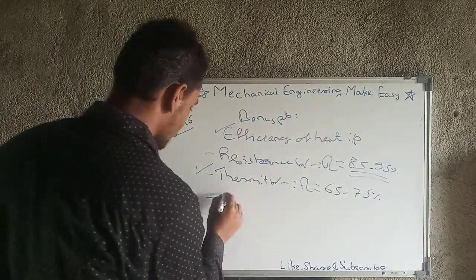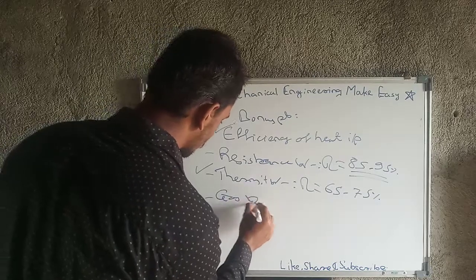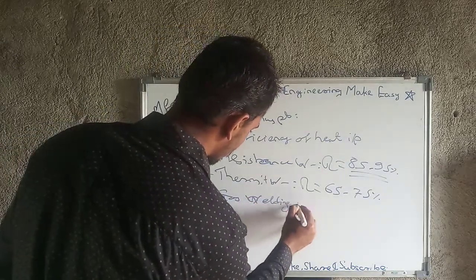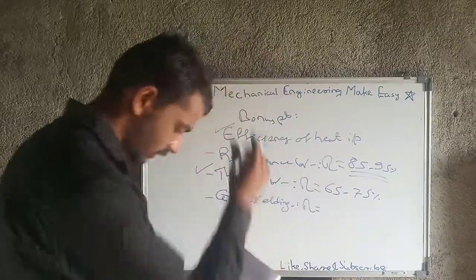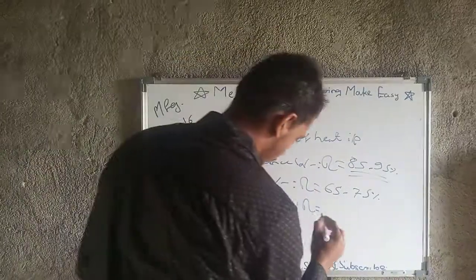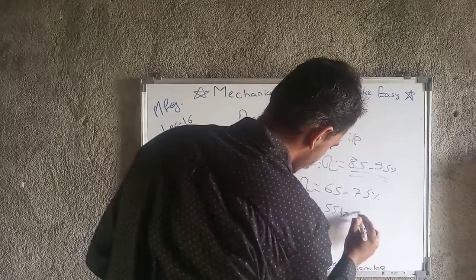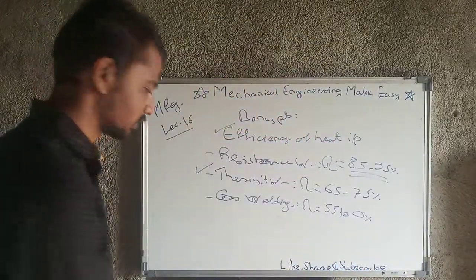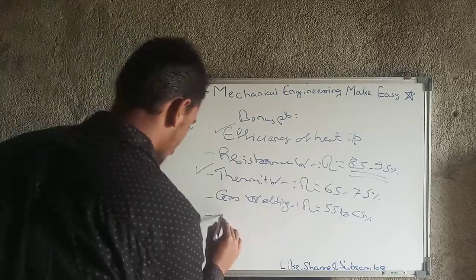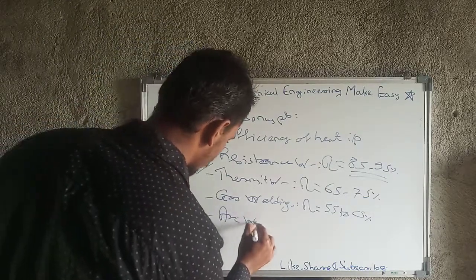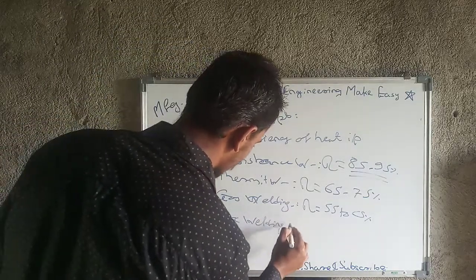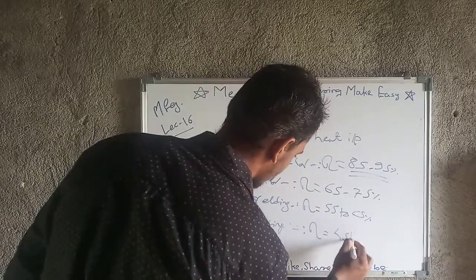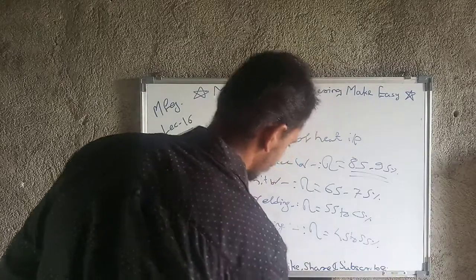Then next is gas welding. In case of gas welding, efficiency varies from 55 to 65%. And last is arc welding. Arc welding has efficiency of nearly 45 to 55%.